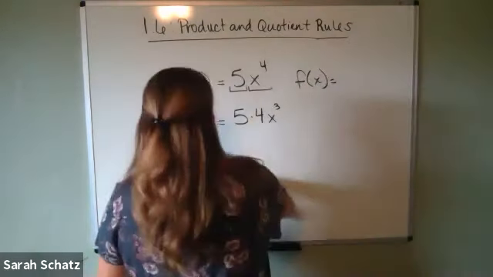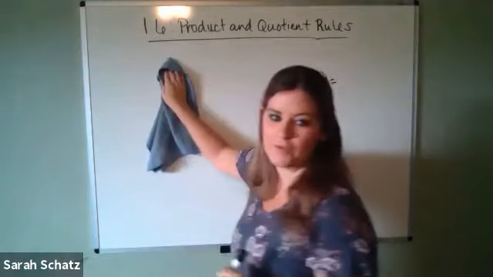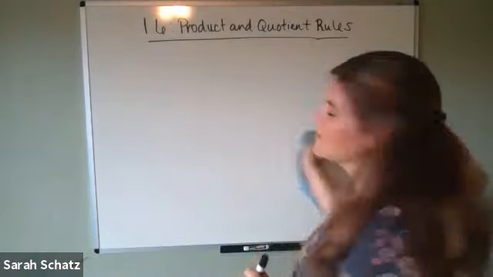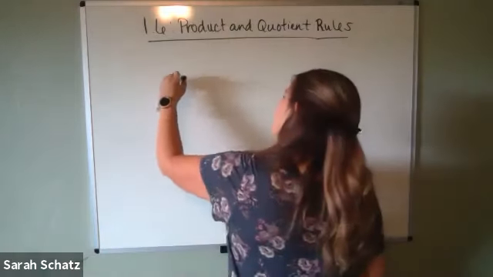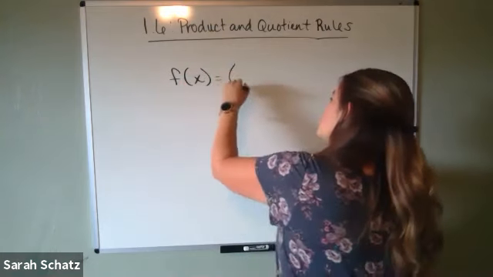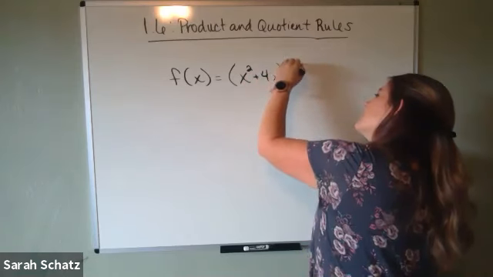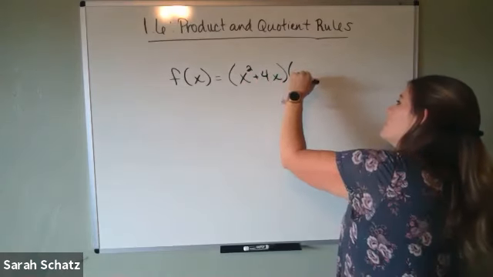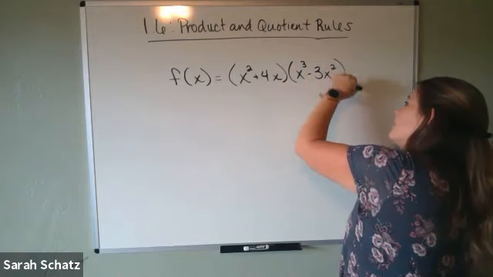Oh, I know what I could do. So guys, this will be another one that you could have FOILed, but maybe it gives us a little more complication. So let's say I've got f of x equals x squared plus 4x times x cubed minus 3x squared.